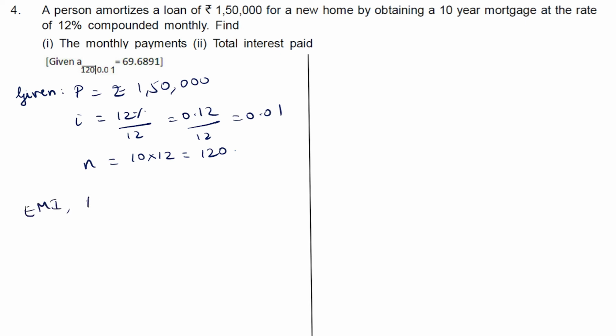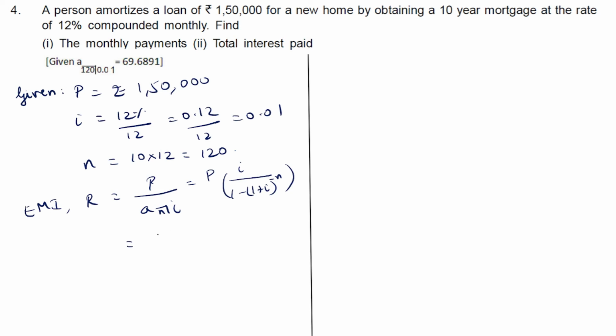So EMI R is equal to P upon A at an angle N for I rate per period. I'm just writing the formula so that it will be easy, because in the sample paper the value for 1 plus I the whole raised to minus n is only given. So at that time we can use only this formula. But here we have A at an angle of 120 for 0.01 rate is given. So let us use this formula.